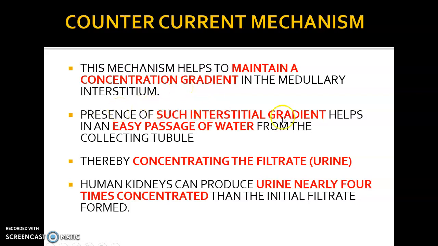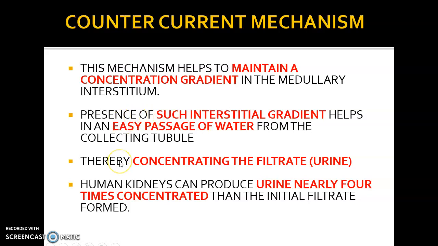Presence of such an interstitial gradient helps in an easy passage of water from the collecting tubule. Now, what was the need for maintaining a high osmolarity in the medullary interstitium? Because only then could we achieve our final target of allowing the water from the collecting tubule to go back into our system.